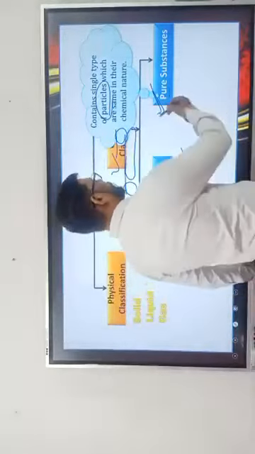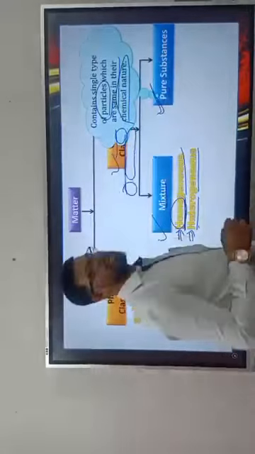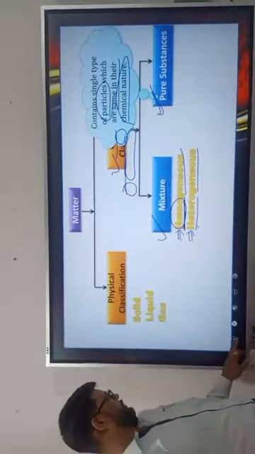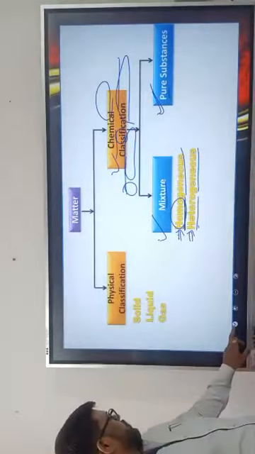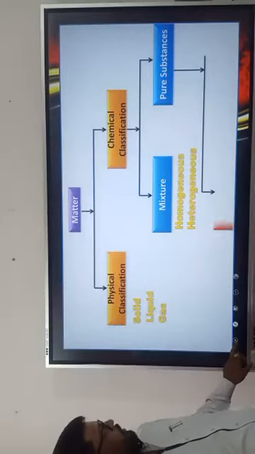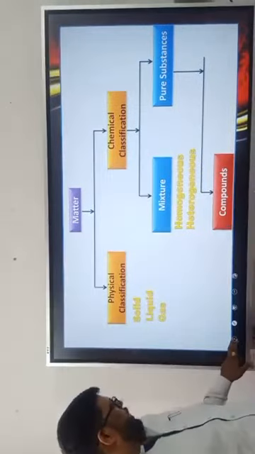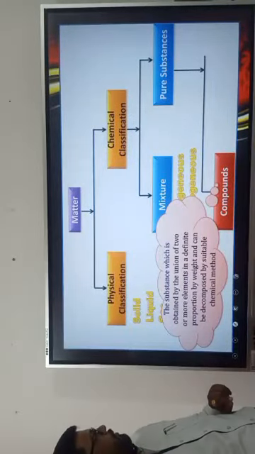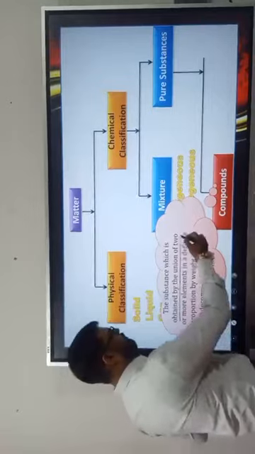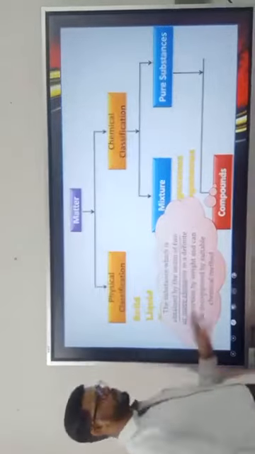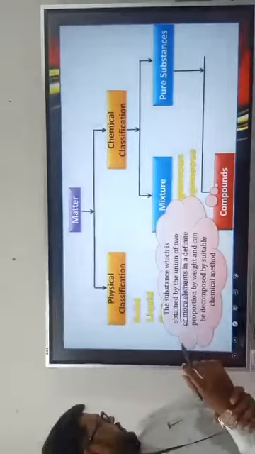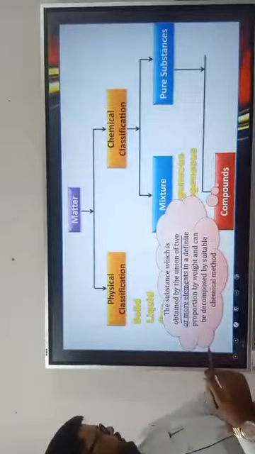So they contain the same type of particles which have the same chemical nature, meaning they have the same chemical properties. They are again classified into two major classes called compounds and, as you can guess, the second one is element. A compound is a substance which is obtained by the union of two or more elements, that we have already discussed in previous slides, in definite proportion.